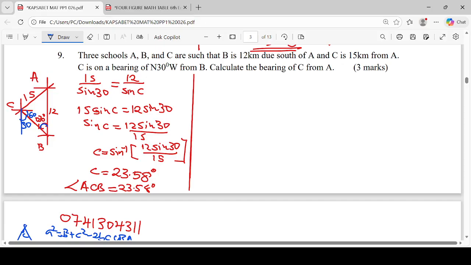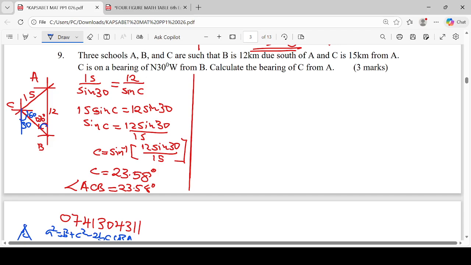Then to get this angle, we are going to take, because this must be 30, then from it there should be, I'm having the view this way, ladies and gentlemen. That angle here, because it should be 23.58.